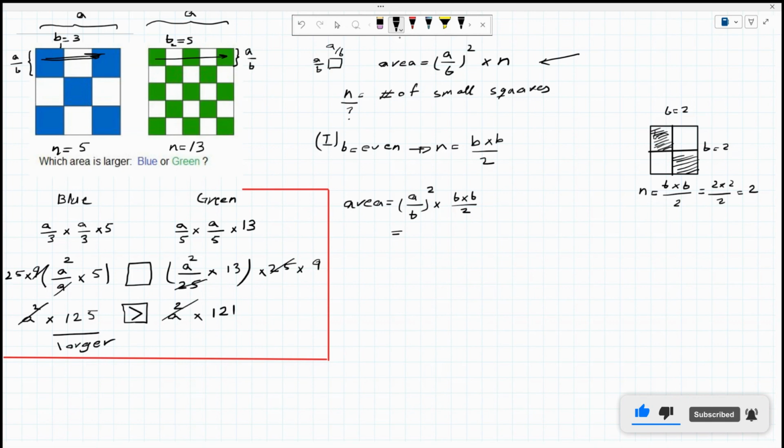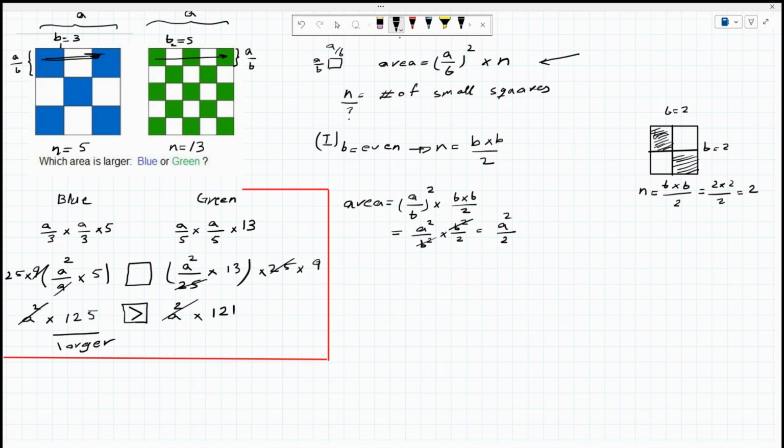So this equals a² divided by b² multiplied by b² divided by 2, equals a² divided by 2, because these two cancel each other.